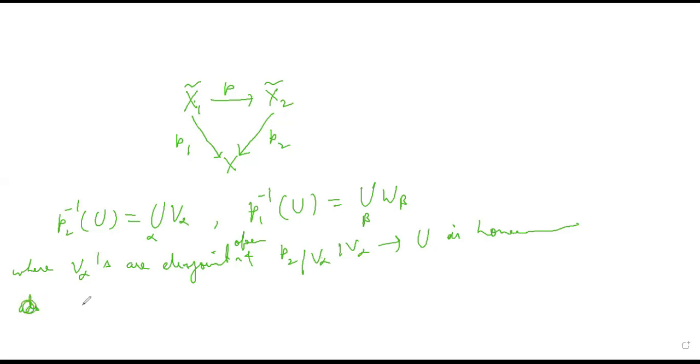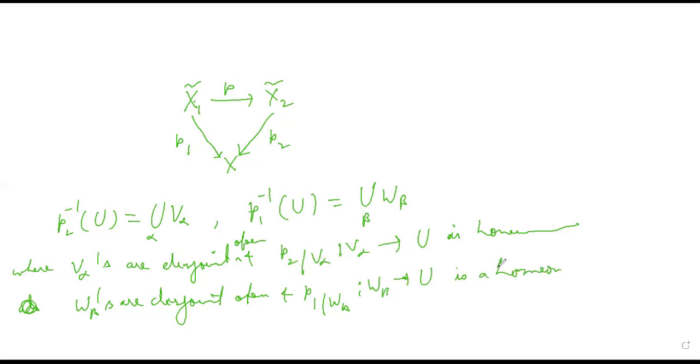Also the W betas are disjoint open sets and P1 restricted over W beta, from W beta to U, is a homeomorphism.